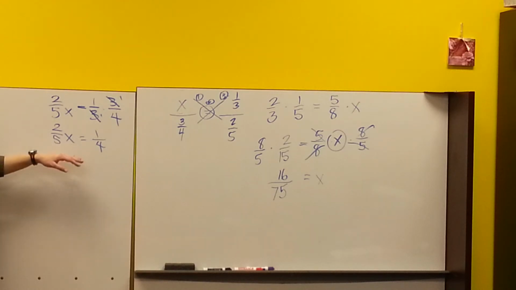So Jamaica, how am I going to get x by himself? Right now it's x times 2/5. Exactly. And if you divide by a fraction, the same as what? If I divide by 2/5, we've got a fraction here. Remember how we divide by fractions?